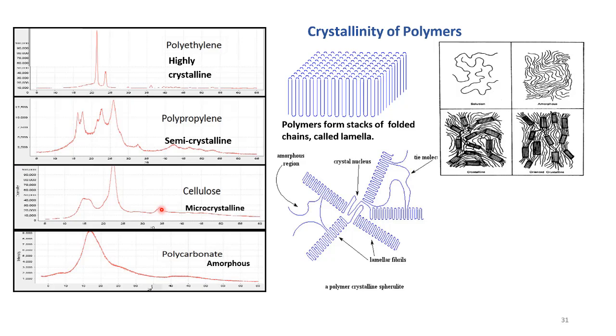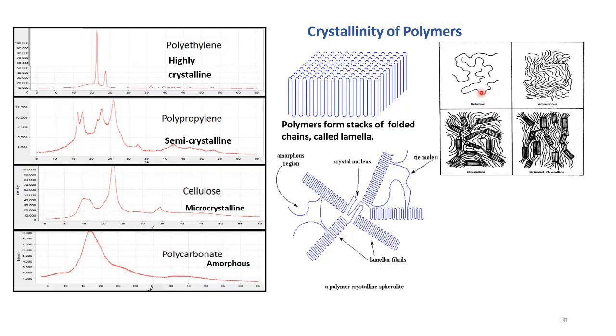Because of microcrystallinity, the peaks are getting broadened basically. And polycarbonate is amorphous in nature, so we are getting a very broad peak like this. So these different kinds of structures will give us different crystalline properties, so different XRD peaks also.